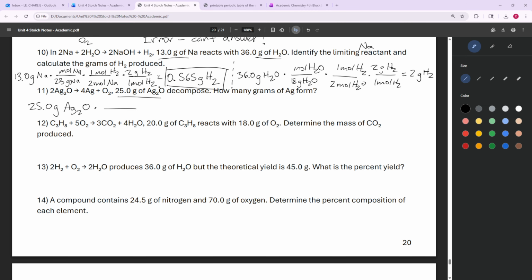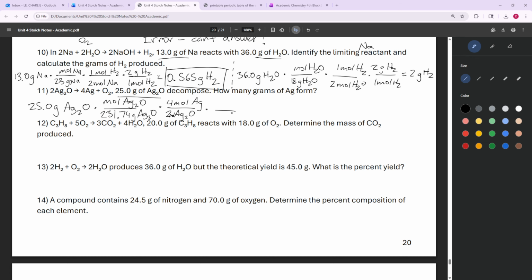So since we have 2 of them, we'll times that by 2 plus oxygen 16. That is roughly 231.74 grams of silver oxide for every silver oxide. Right, looking at the reaction, it's a 2 to 4 ratio of silver oxide to silver, every 2 moles of silver oxide gives 4 moles of silver.